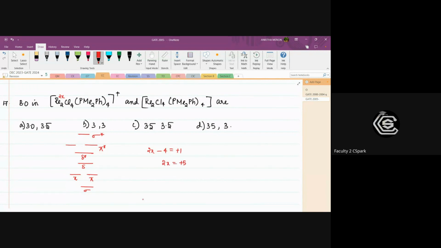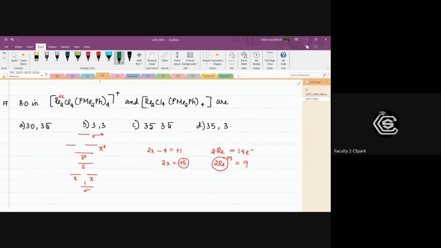Now we know that two rhenium atoms together would have 14 electrons. But here 5 electrons have gone, because the total is +5. So two rhenium atoms in the oxidation state together make +5, which means after 5 go, you have only 9 electrons to fill.